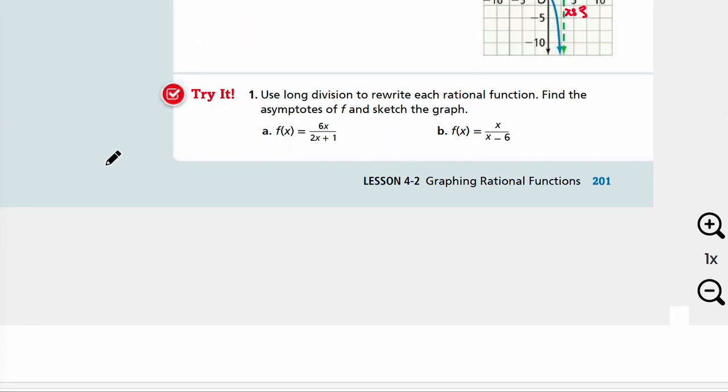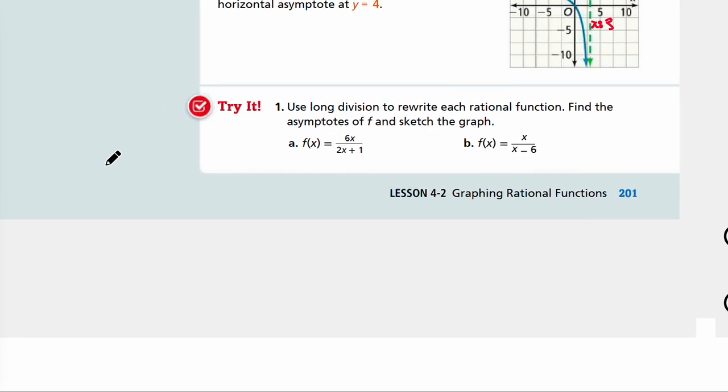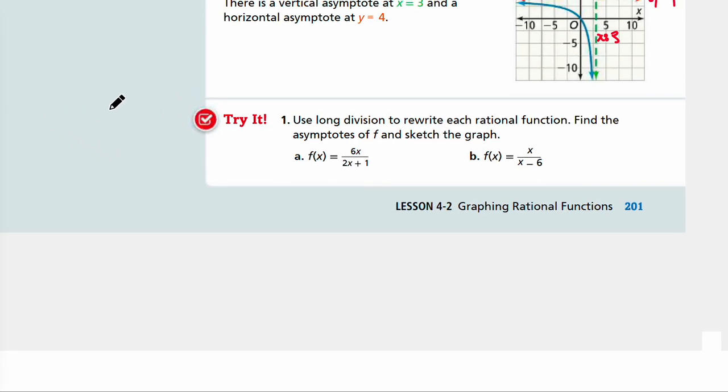If you use long division for part A, you're going to divide 6x by 2x plus 1. So you match your first term, 2x, with your 6x. 2x times 3 is 6x, and then you multiply your constant term as well: 3 times 1 is 3.